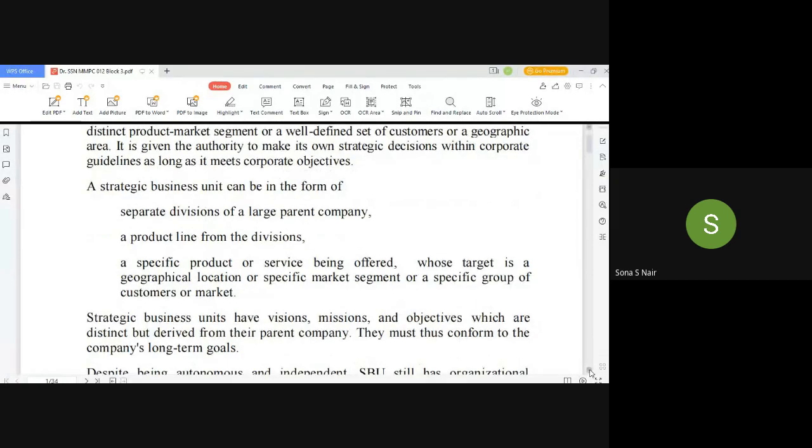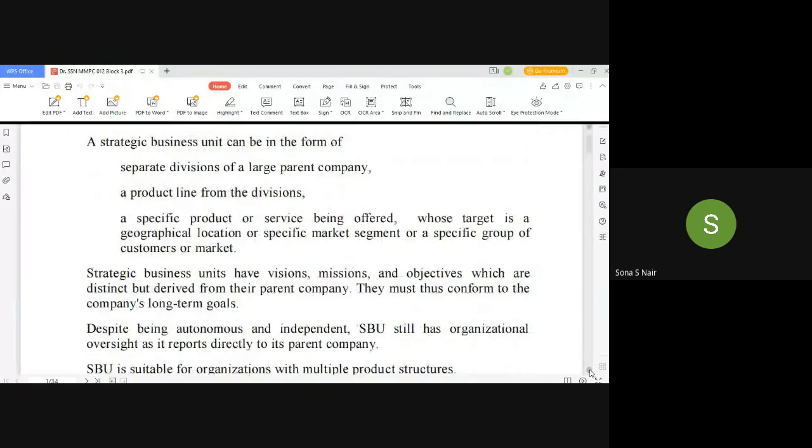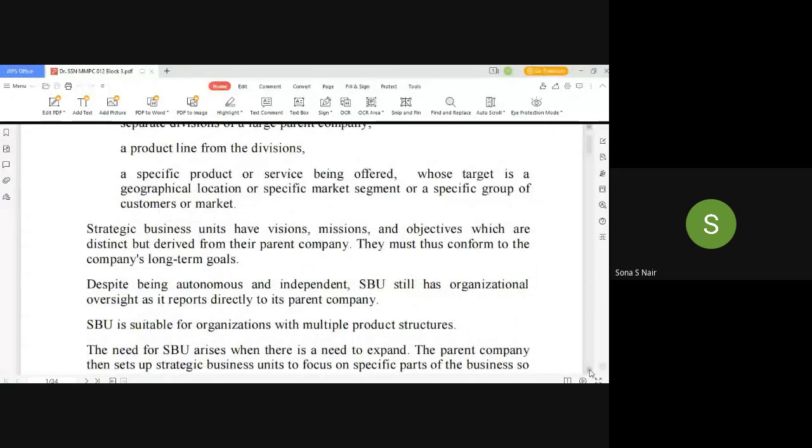So it can be a separate division of a large company. It can be a product line in the division. It can be a specific product which is working in a separate market segment or in a different geographical location. Okay. They have their own visions, missions, and objectives, but they are autonomous. Still, they are accountable to the parent company.